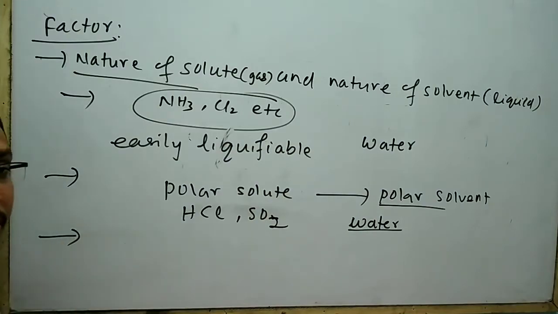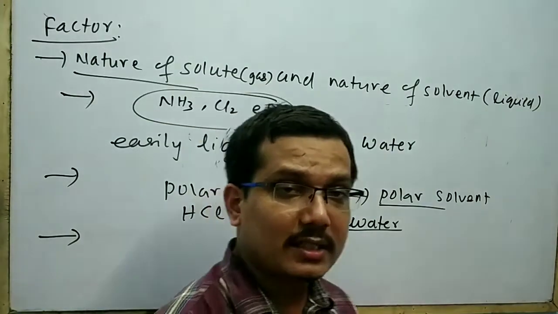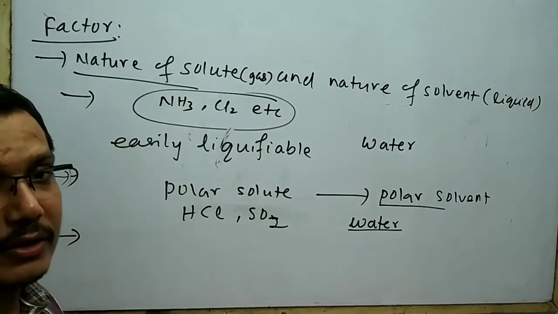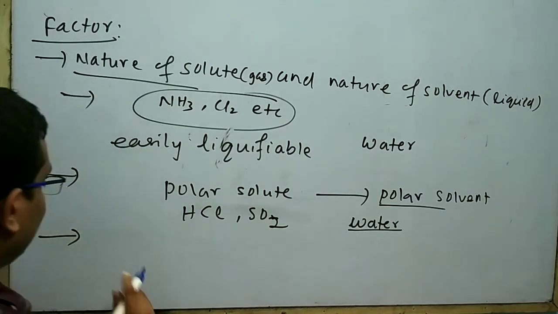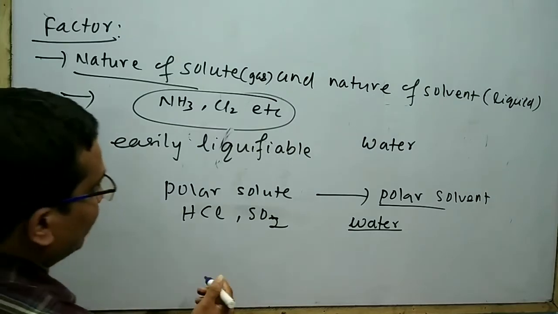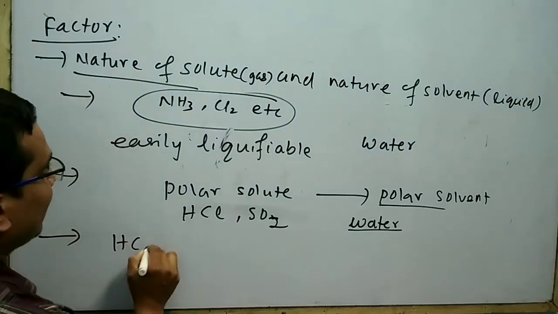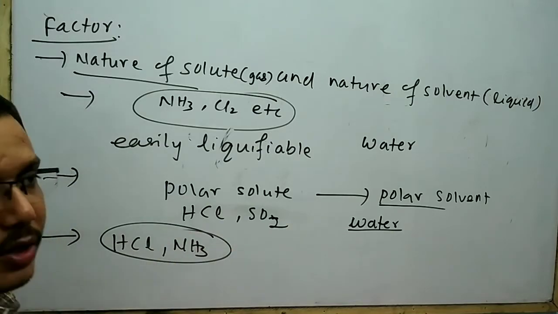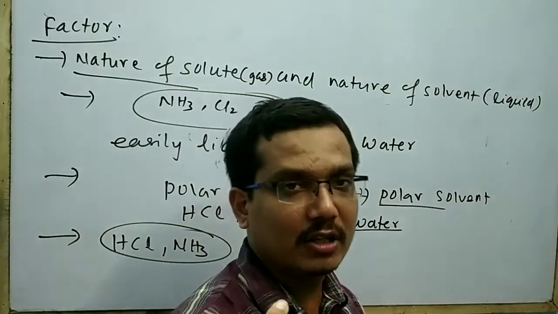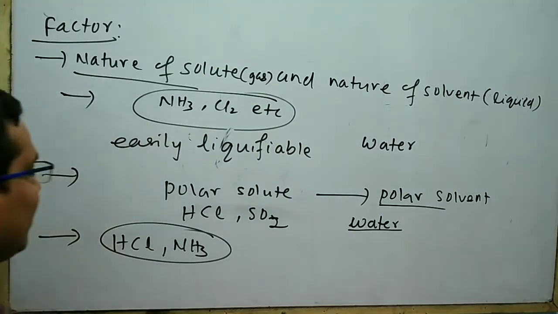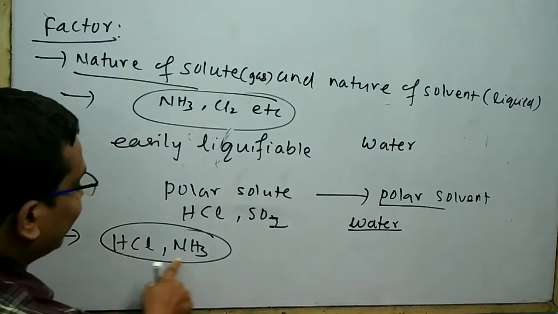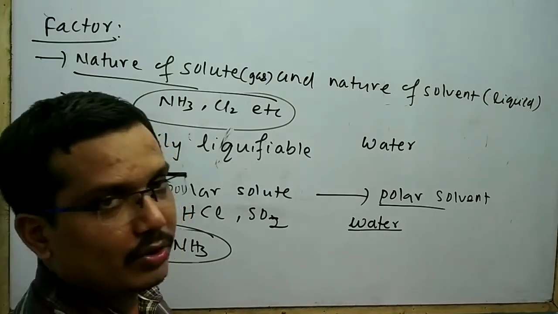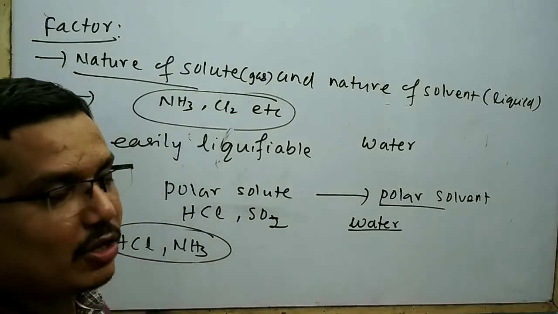Next point is the ionizable gases are more soluble in water as compared to other solvents. Suppose I think about ionizable gases like HCl, NH3. These gases are more soluble in water as compared to other solvents.